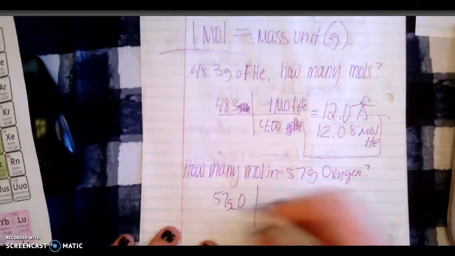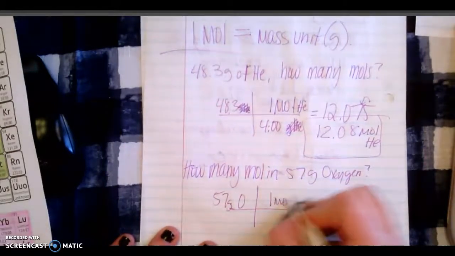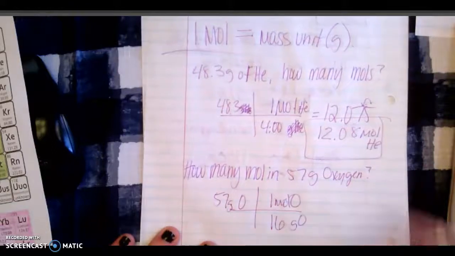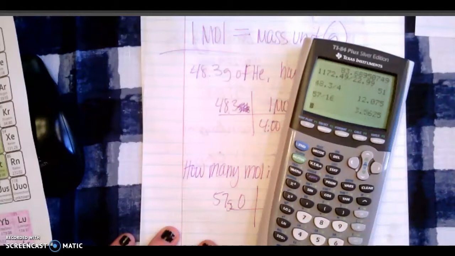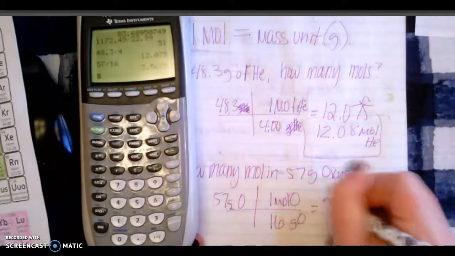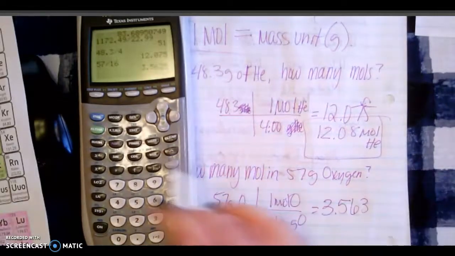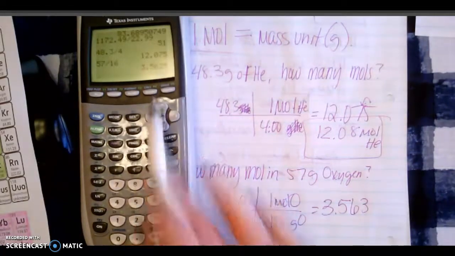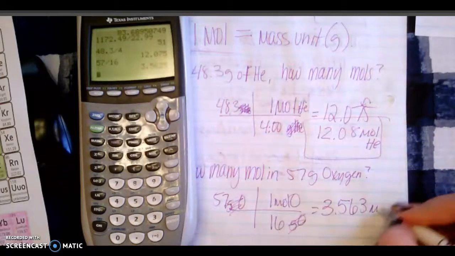So if I have grams here, I have to have grams of oxygen down there. 1 mole of oxygen is 16 grams. And it is just 57 divided by 16, which is 3.563. Again, because that 5 at the end there rounds, and I only want 4 digits. Grams canceled, and I'm left with moles of oxygen.